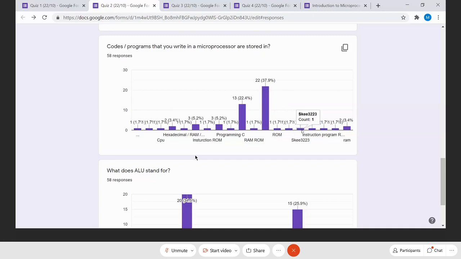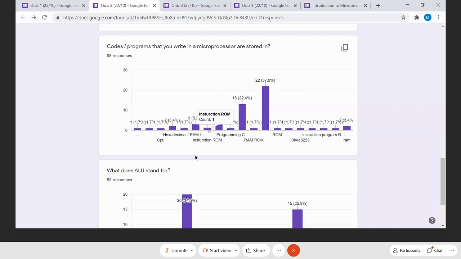Someone wrote SKE 3223, which is not any memory with this name. ROM, okay, correct. Memory, random, too general. Any kind of memory? No, it's ROM. Programming C is even worse.